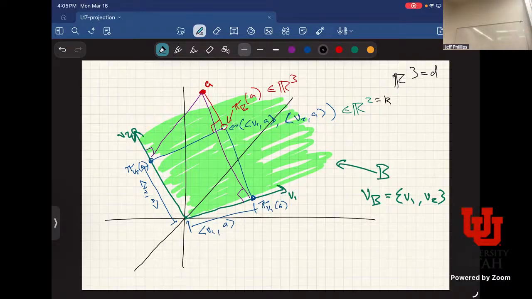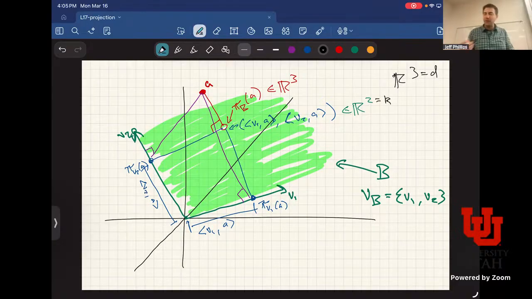If I have 10 orthogonal vectors in 1,000-dimensional space, I project onto each of them. I get the dot product that tells me that coordinate, and I do it 10 times. I get 10 coordinates, a 10-dimensional space. And I do this for each of the data points.